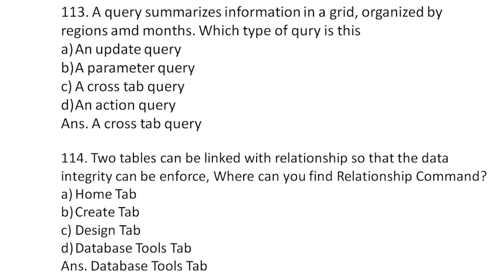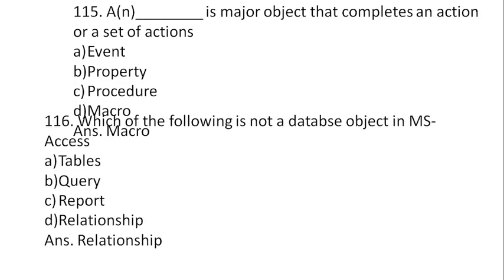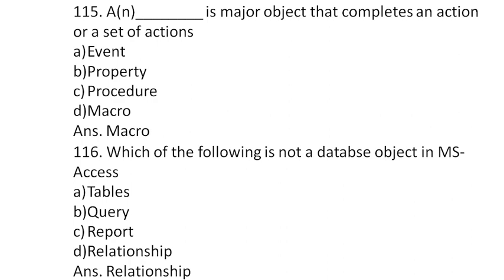Where can you find the relationship command? Answer: database tools tab. Next, a dash is a major object that completes an action or a set of actions. Answer: macro. Next, which of the following is not a database object in MS Access? Answer: relationship.